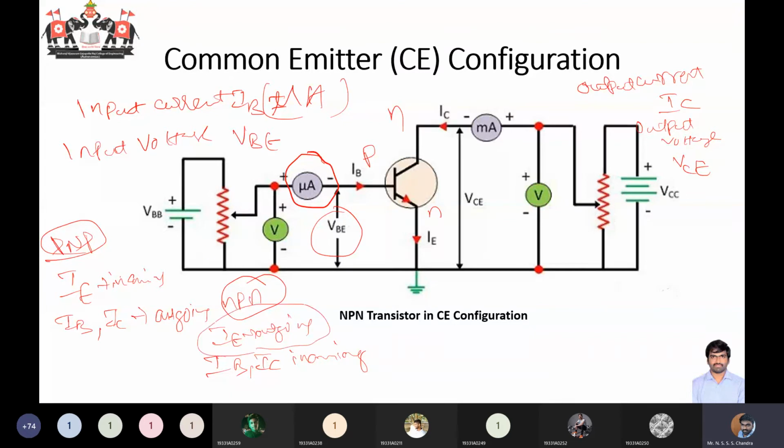That's why, if you see the direction of currents in the circuit, IB is incoming current, IC is also incoming current, whereas IE is outgoing current. Can you identify this difference? Yes, sir. Because it's an NPN transistor. For a PNP transistor, IE will be incoming, and IB and IC will be outgoing.